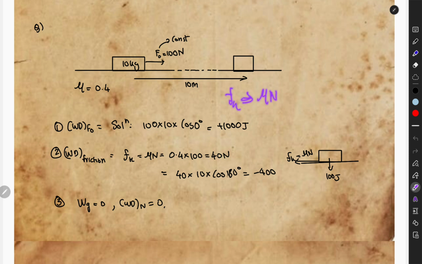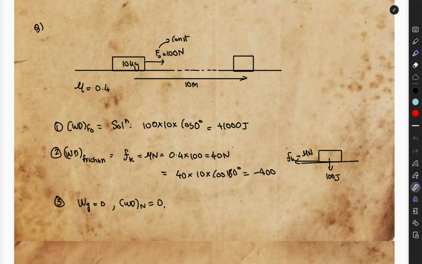Frictional force can be calculated as mu multiplied by N. Mu is 0.4 in this case, and N is equal to mg, because mg is equal to N. So it's 0.4 multiplied by 100, which is 40 newton. So we have got the friction value. This multiplied by 10 multiplied by cos 180 will give you the total work done by friction.